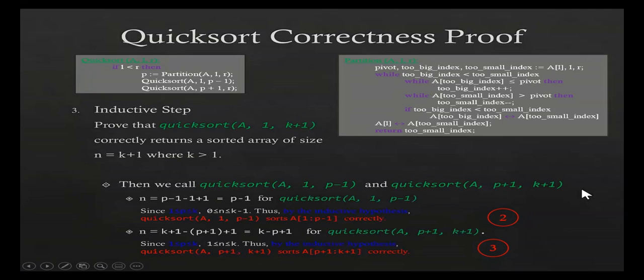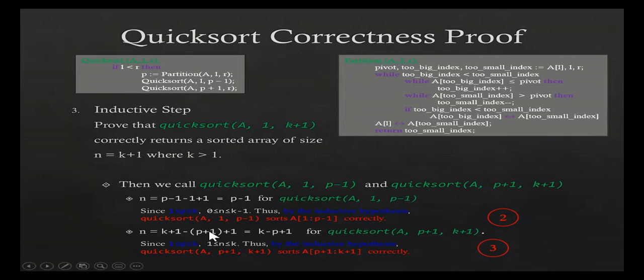After that, we see that the quicksort on the first sub array, elements 1 to P minus 1, correctly returns a sorted array.